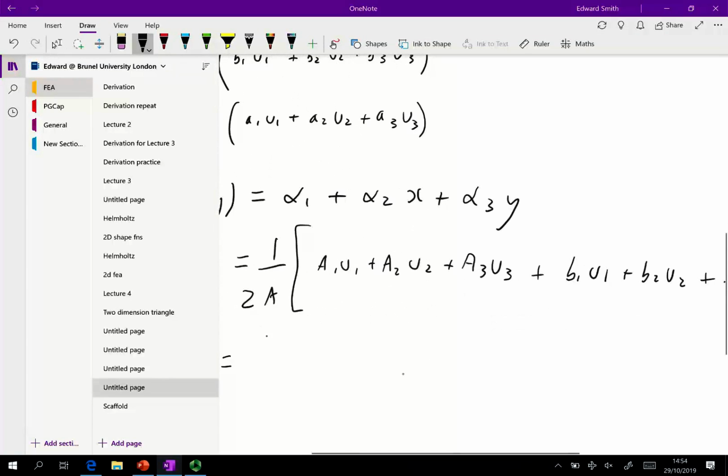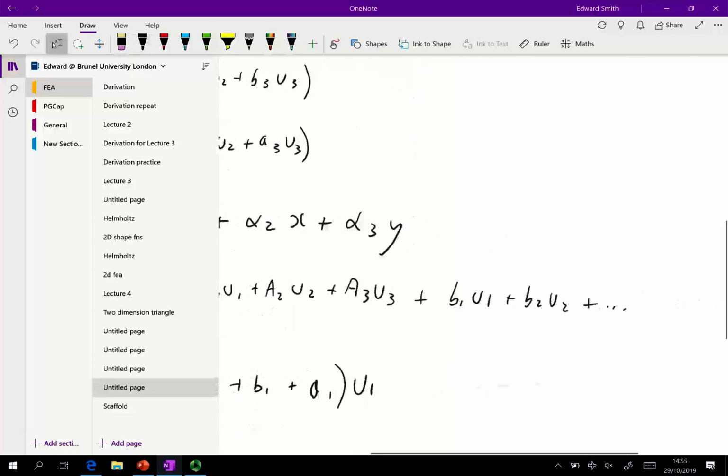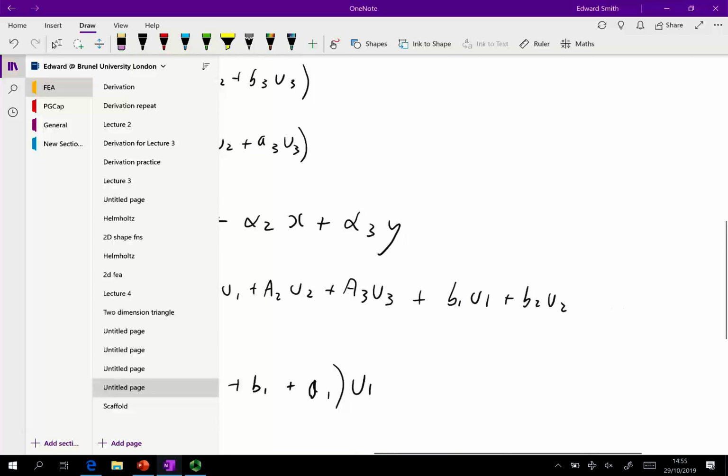Now the next step is to collect together the terms for u1, u2 and u3. So we have a1 plus b1 plus a1 there times u1. Bear with me one second, sorry. I'm being a bit too hasty here.